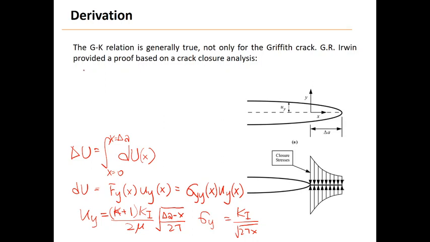So what we need is putting these together into this, and then we integrate. So I'm going to write down the final form. We want the limit as delta a goes to 0, of kappa plus 1, and then you'll find that you have 2 K1 squared over 4 pi mu delta a.